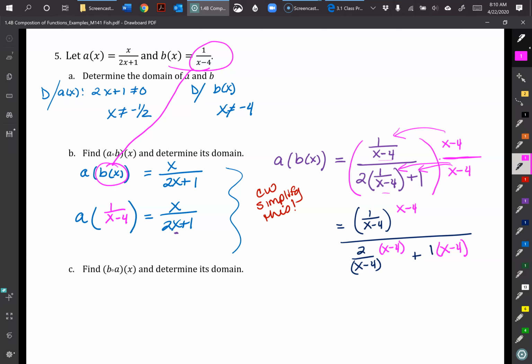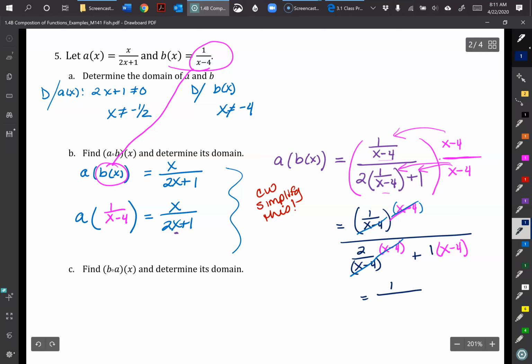Then we have some cancellations that will happen, which is really nice. I should put parentheses around that just to be sure. And those will reduce out, which works out great for me. Then I have 1 in the numerator and 2 plus x minus 4, because I'm just distributing a 1.